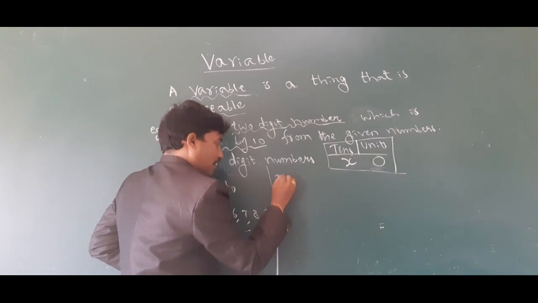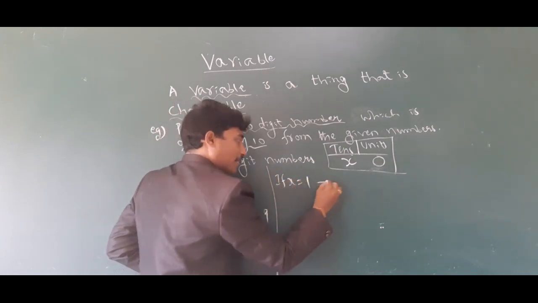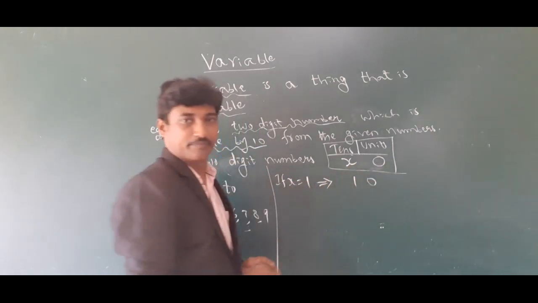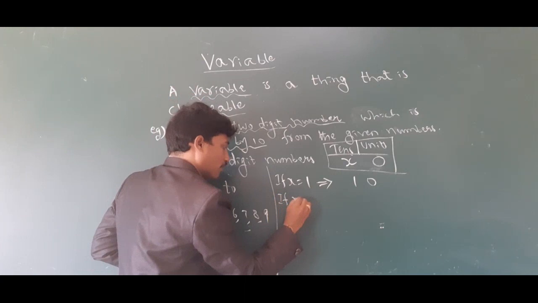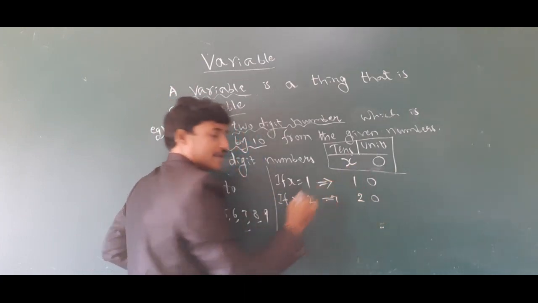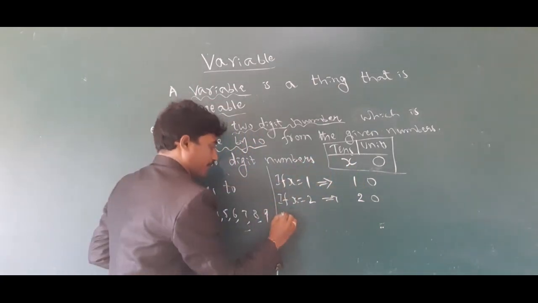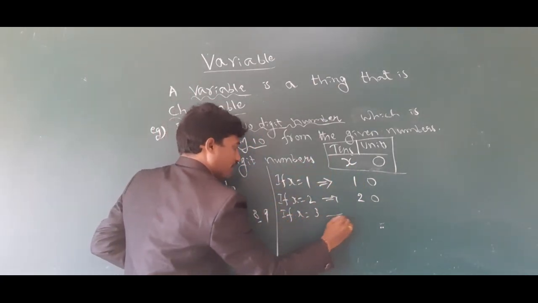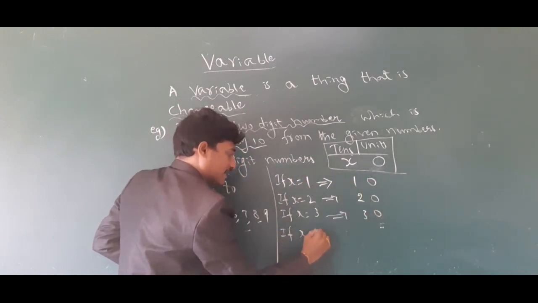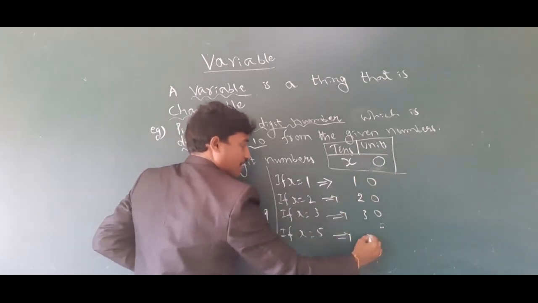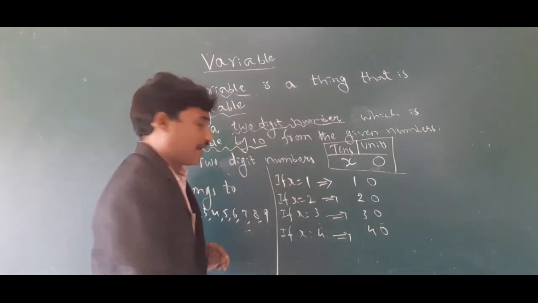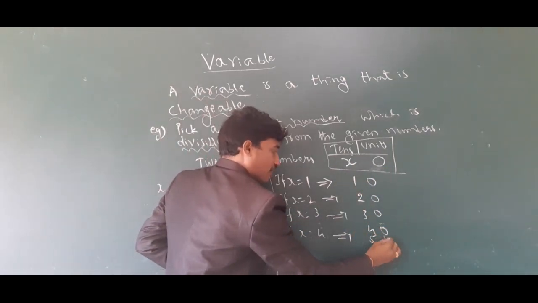If x is equal to 1, then the number is 1, 0, that is 10. If x is equal to 2, then the number is 20. If x is equal to 3, then the number is 30. If x is equal to 4, then the number is 40. If x is 5, then the number is 50.